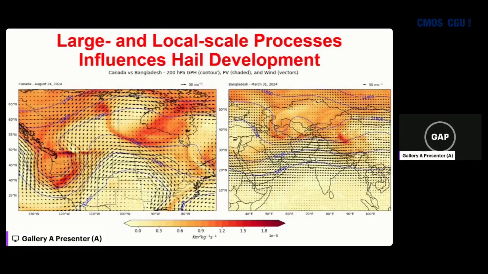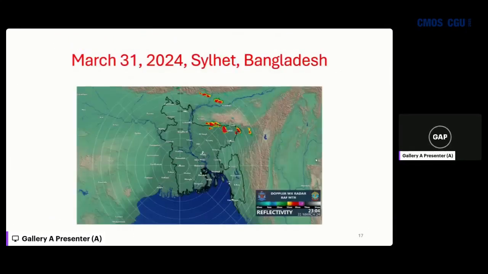However, the magnitude over the Canadian prairies is higher compared to Bangladesh. Again, I mentioned the Rockies: in the Canadian prairies, on the east side of the Rockies, we know that lee cyclogenesis happens, and because of the conservation of vorticity, we see more spinning up of the air parcel compared to Bangladesh.